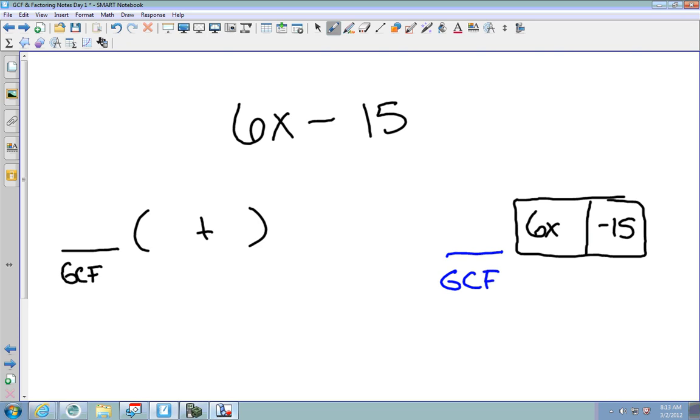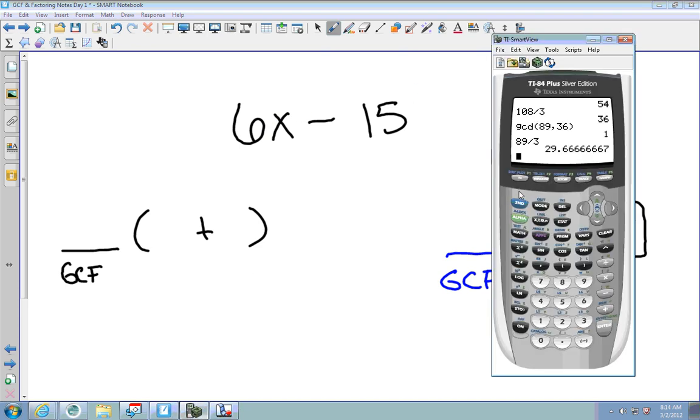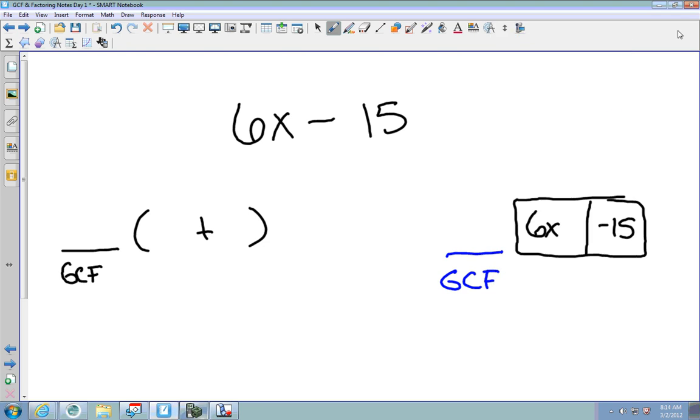Okay, so now I'm going to pause for a minute and you see how you can do it. For your GCF, your greatest common factor, if you don't know what the biggest number is that goes into 6 and 15, go in here and press Math, arrow over to Number, go to GCD, put in there 6, 15. You should find that it's 3. 3 is your largest number. So now 3 is going to come outside here in the GCF.